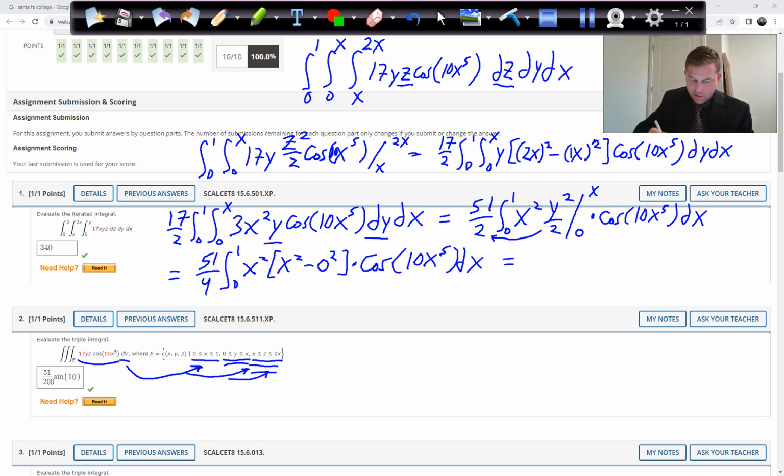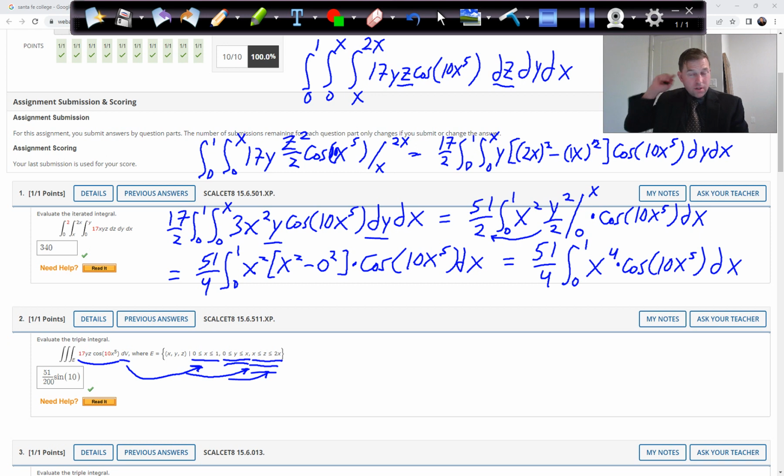Okay, this is going to equal 51 over 4 antiderivative 0 to 1 of x to the 4th times cosine of 10x to the 5th dx. Okay, now to do this one, we have to use u substitution.